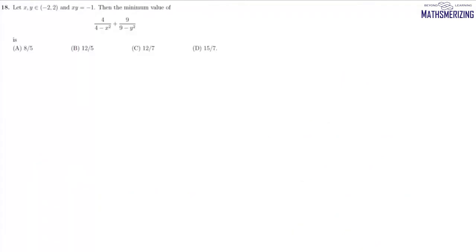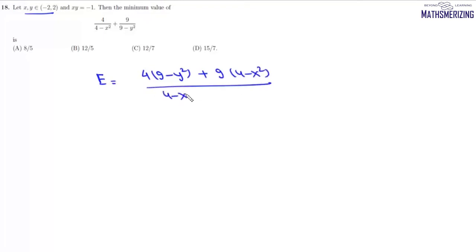Now here the question is, let x, y belong to (-2, 2) and x into y is minus 1, then we need to find the minimum value of this expression. Now suppose this is E, and we can write this as 4 into (9 minus y square) plus 9 into (4 minus x square) upon (4 minus x square) into (9 minus y square).